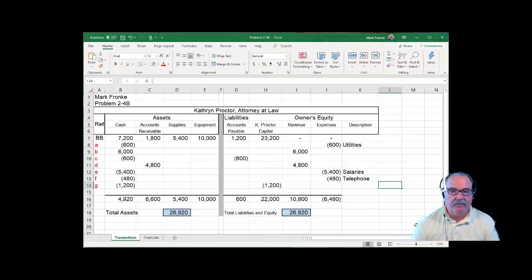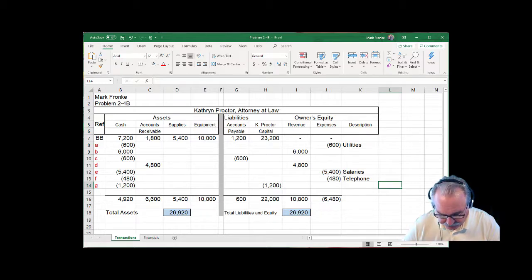If not, I would stop here and go back and do 2-2B first. At any rate, we now have a balanced out schedule that shows assets on the left, liabilities and owner's equity on the right, and now we're going to prepare a set of financial statements.